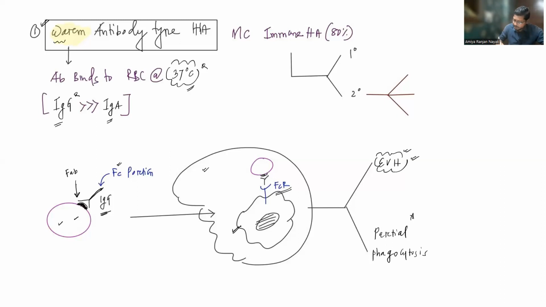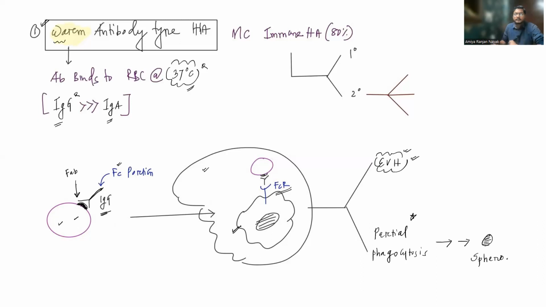But if there is partial phagocytosis, it will cause some amount of membrane damage, similar to what we discussed for hereditary spherocytosis. In hereditary spherocytosis, because of progressive membrane loss, there is formation of spherocytes. Similarly, in this case also, if there is partial phagocytosis, it can cause a gradual, slight amount of membrane loss, which can ultimately cause spherocyte formation.